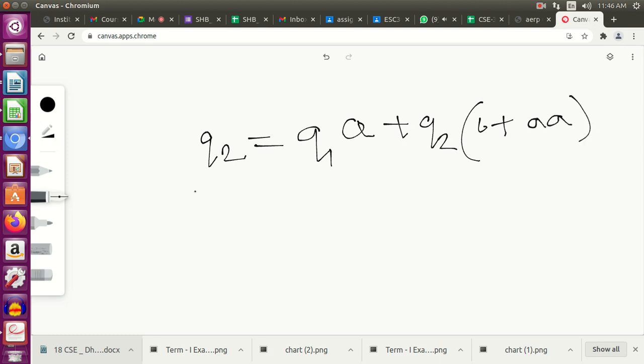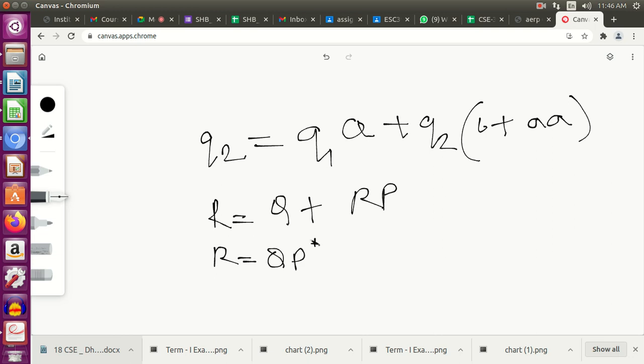Now, if you look at this equation carefully and you remember the Arden's theorem that we have learned, I had explained and proved the Arden's theorem in the previous class. So, the Arden's theorem said that if we have an equation of something like this, R is equal to Q plus RP, then the solution for the equation would be R is equal to QP star.